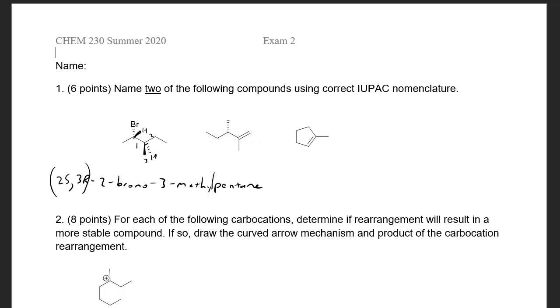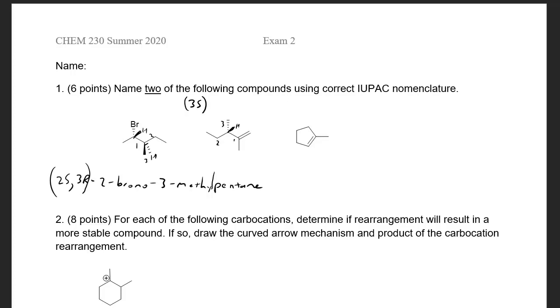But we do have a stereocenter right here, so that stereocenter needs to be assessed. For everything attached to it, we have hydrogen out here, and this is carbon number 1, that's carbon number 2, that's carbon number 3. So this is a clockwise rotation, but 4 is in front, so it's an S stereocenter. So this is 3S.